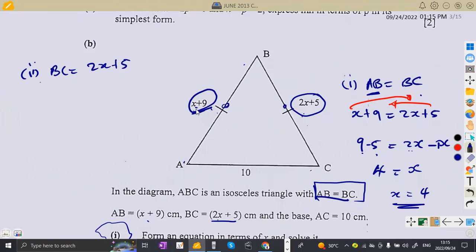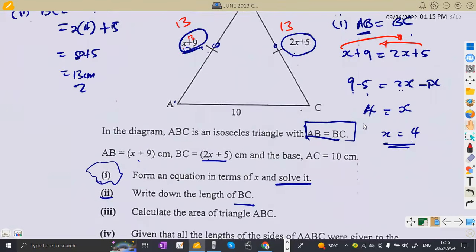Our X is 4, so it's 2 times 4 plus 5. 2 times 4 is 8, plus 5 is equal to 13 centimeters. Even if you substitute in X plus 9, 4 plus 9 is 13. So BC is 13 centimeters.